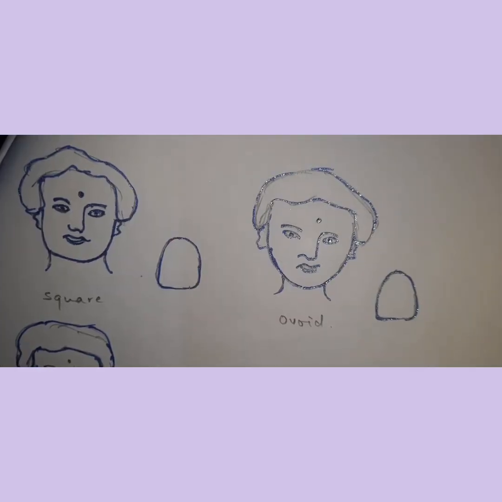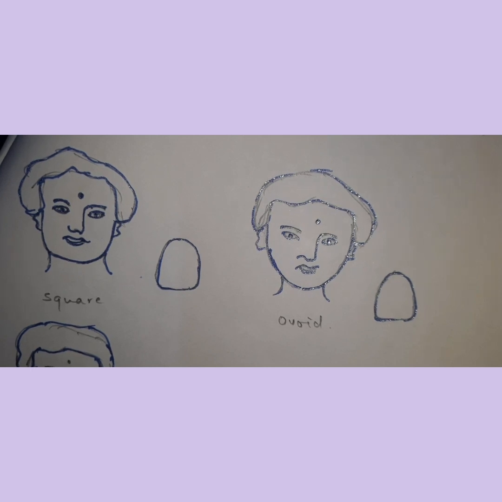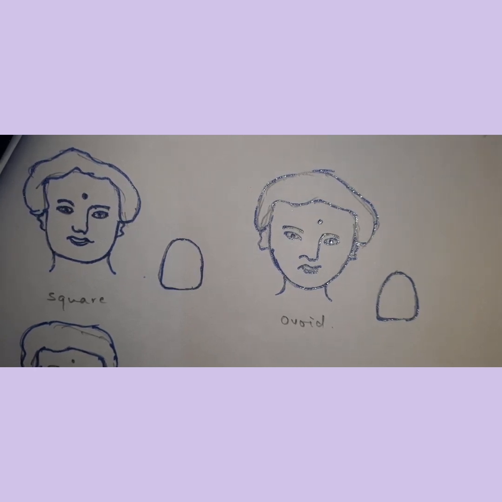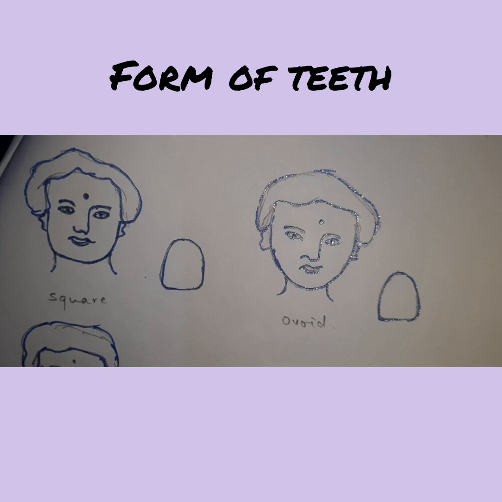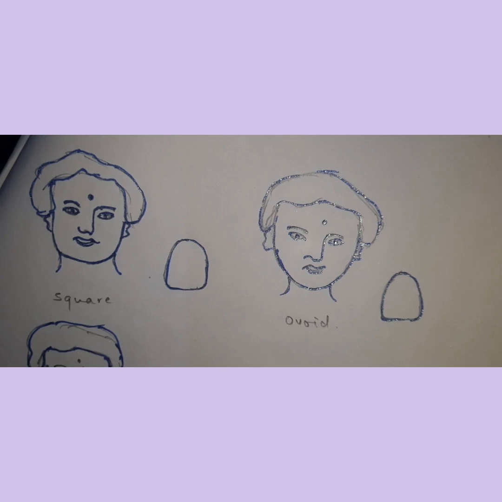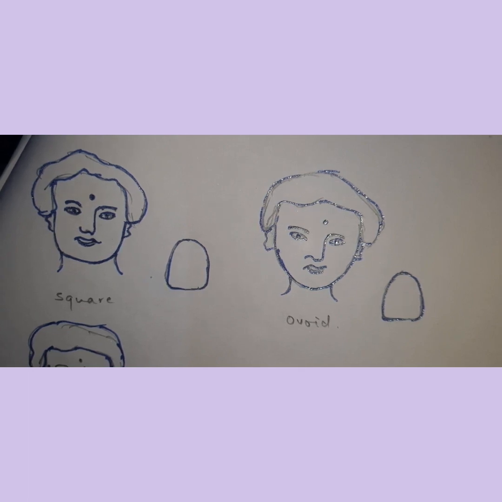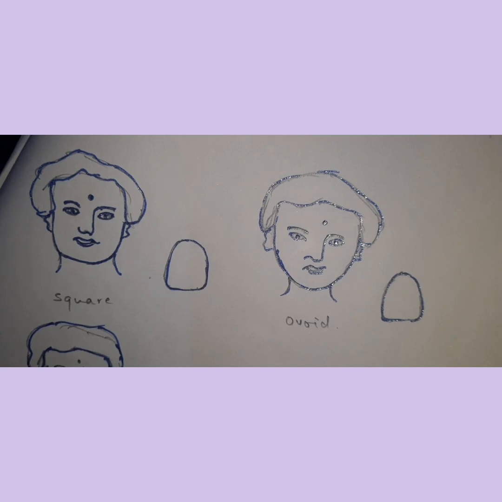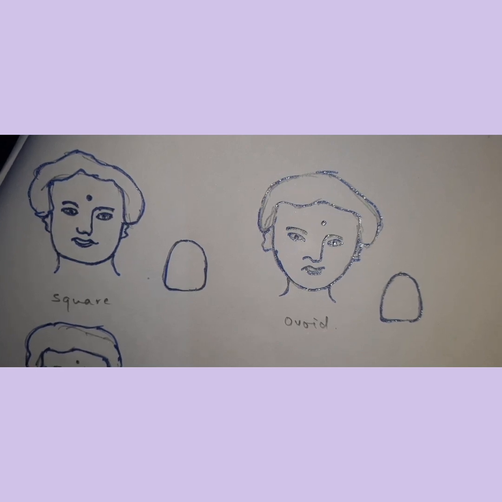The next important factor in selecting anterior teeth is the form of the teeth. On this, you have two things: the basis of the facial form and facial profile, and also the basis of the dentogenic concept. First we are going to take the facial form.